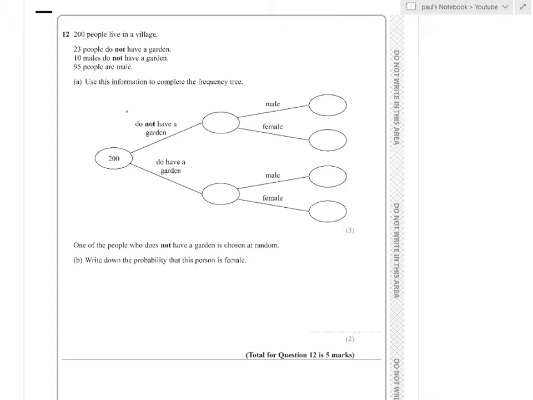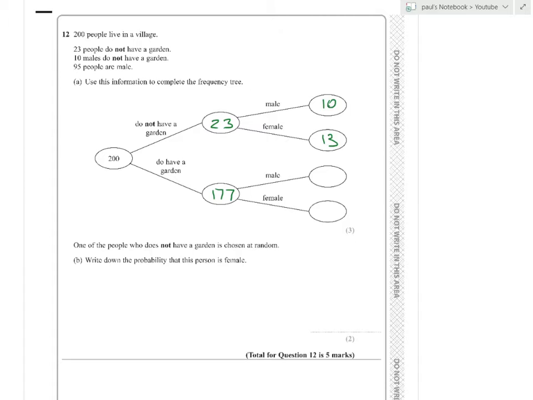200 people live in a village. 23 people do not have a garden. 23. How many do? 200 take away 23 is 177. 10 males do not have a garden, so therefore there must be 13 females who do not have a garden. 95 people are male.